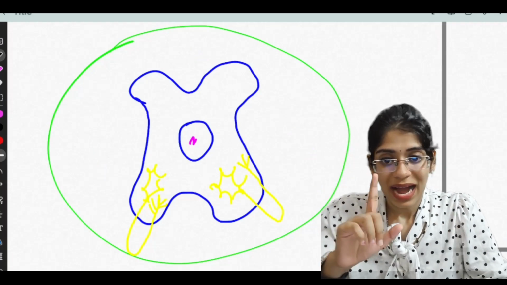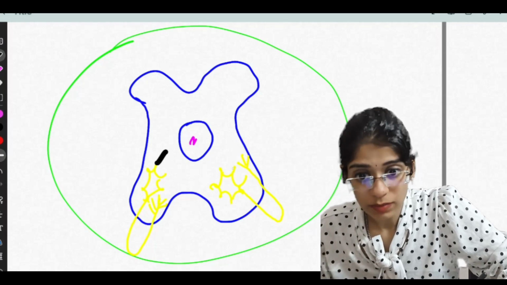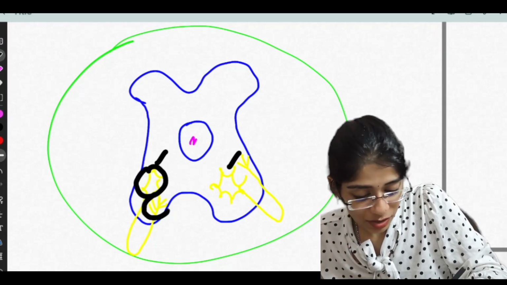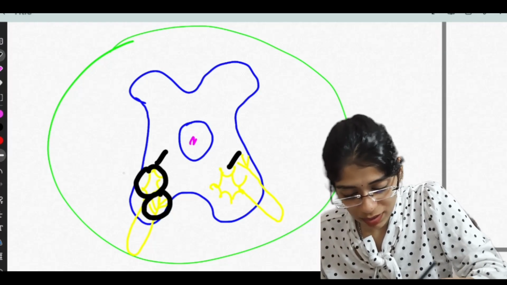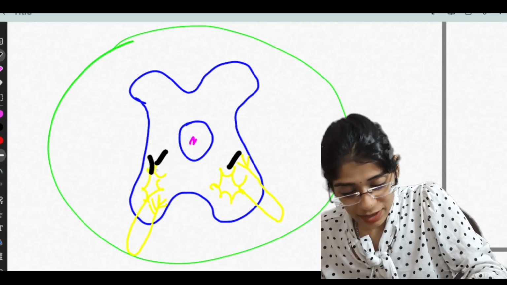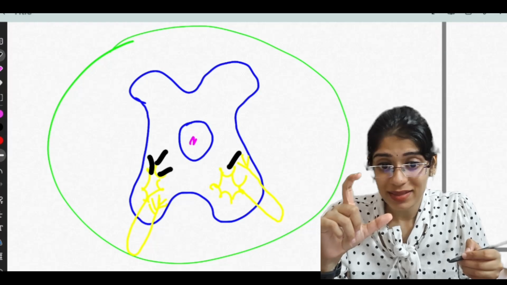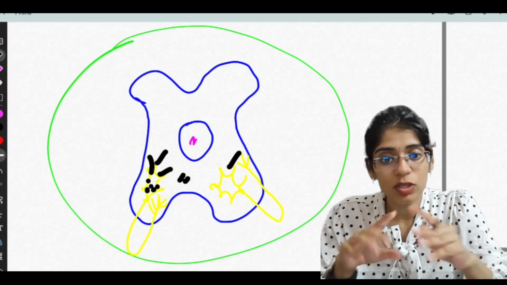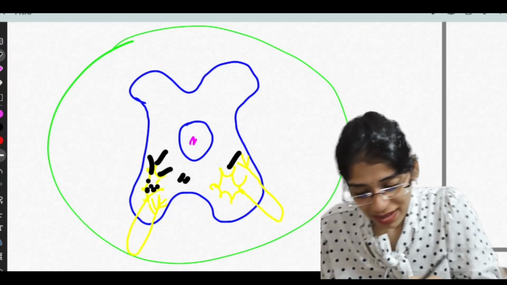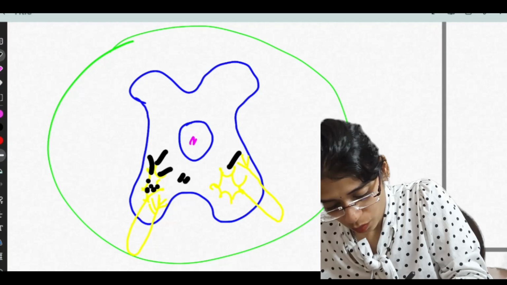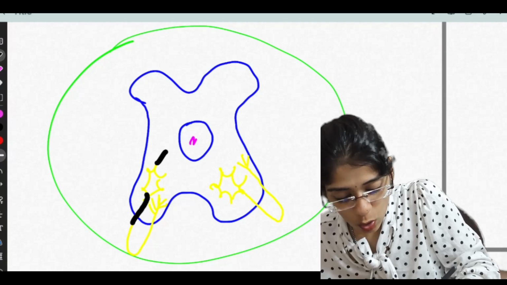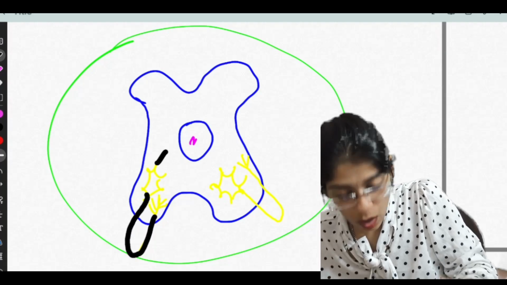Now I have drawn two neurons here, you all can see now. The cell body and the nerve endings. The cell body and dendrites all make the grey matter inside, because the cell body has Nissl's granules which give it the grey color. Whereas you can see the axon of the nerve is outside.